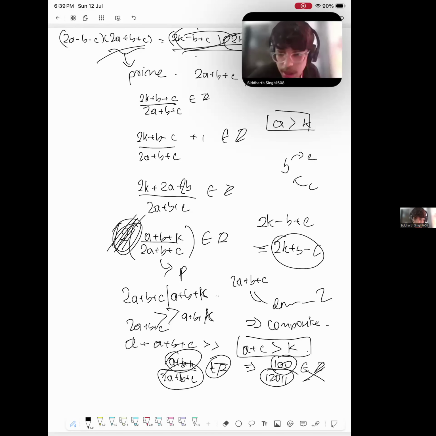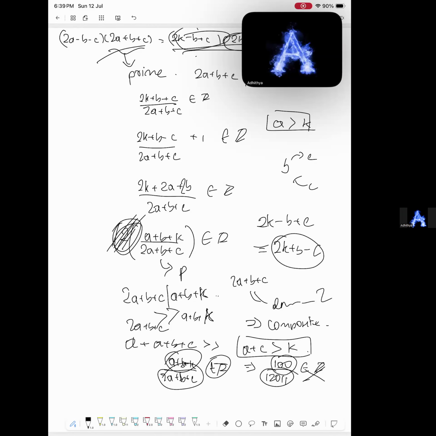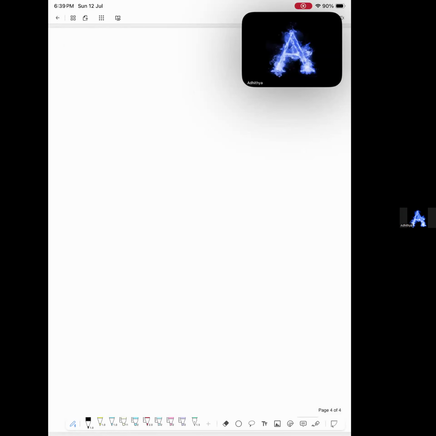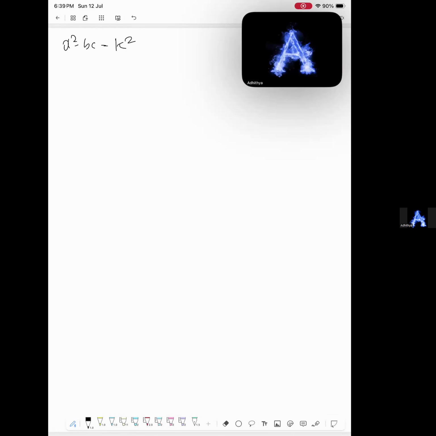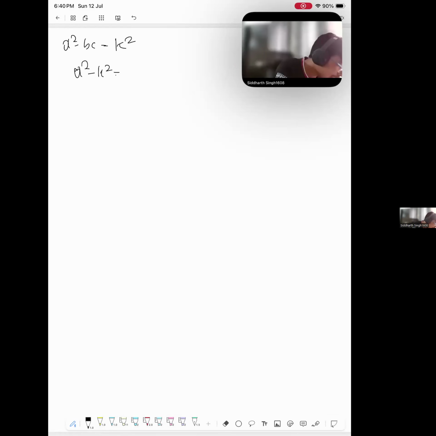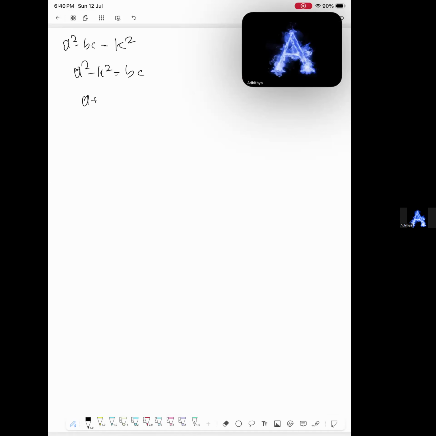Can we use a different method? a squared minus bc equals k squared. You transfer that k squared to the left hand side and bc to the right hand side: a squared minus k squared is equal to bc. You factorize the left hand side to get a minus k into a plus k equals bc. Then you take casework, whether a plus k is b or a plus k is c.